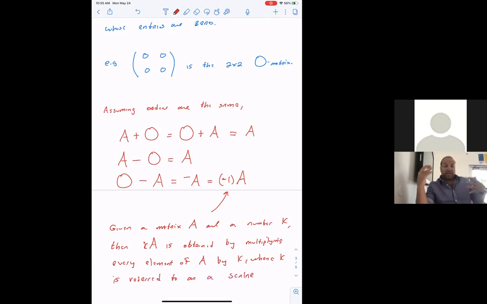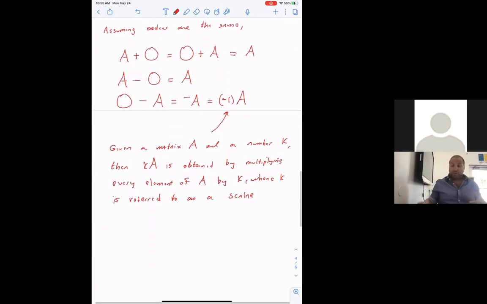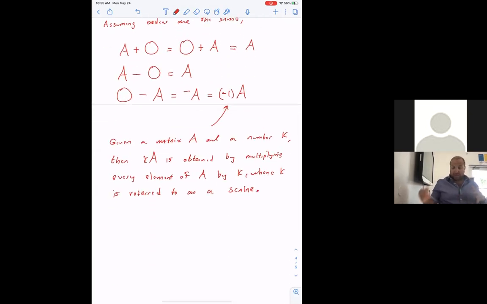So now that we've defined this new type of object called a matrix, we have to go back and give a name to all of those other numbers that we've been using so far, because now we have a new type of object. So we go back and we call those numbers scalars. So kA is, well, let's do it this way.